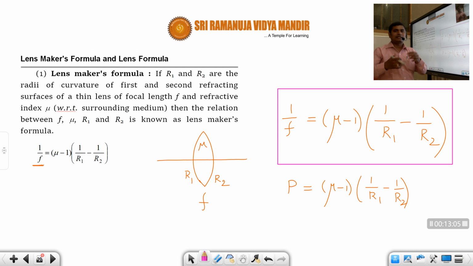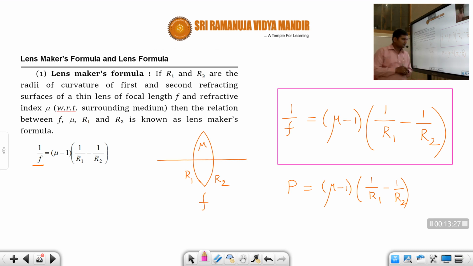For spectacles we need lenses. After the doctor verifies your power, he'll suggest some power of lens. So power means inverse of focal length. Therefore, after the doctor's verification that this much power is required for your eye, they'll make the lens according to this formula.